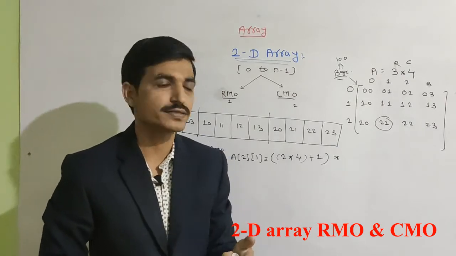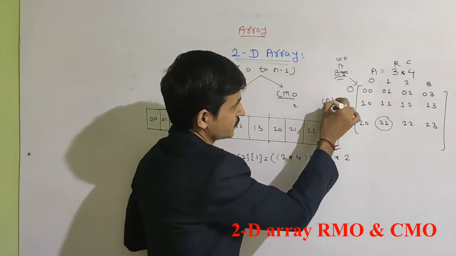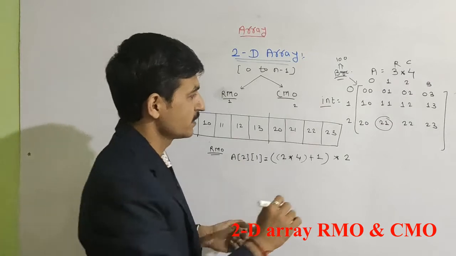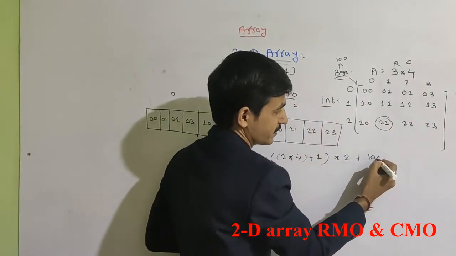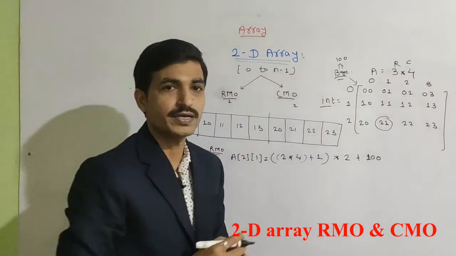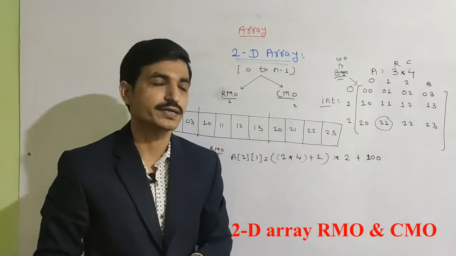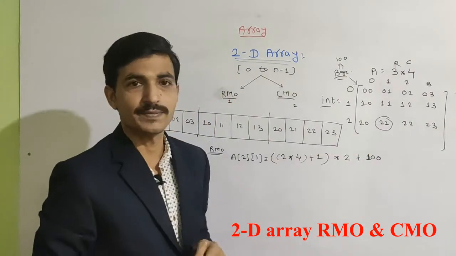If it is a character, 1 byte is required. So let's say this is my integer array. 2 bytes are required to store each and every element, plus the base address, that is 100. It is the point at which it starts storing the element, and that is 100. So this is the memory location where this particular element is present.